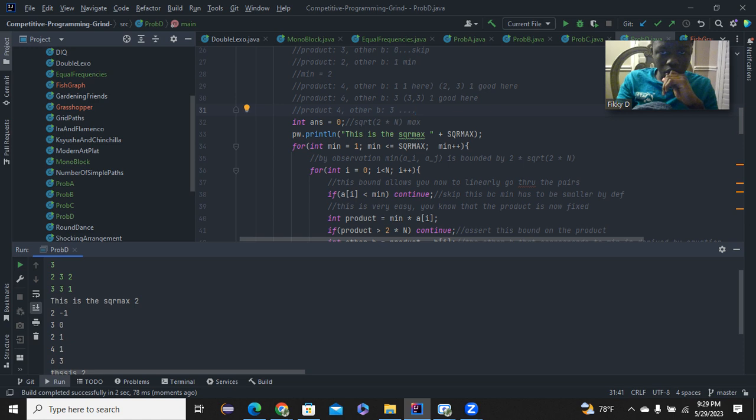Domain. I see that. The domain here would be... And the frequency of 2, 3. Oh, okay.